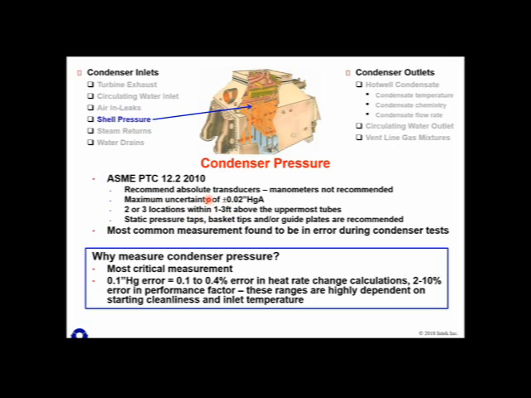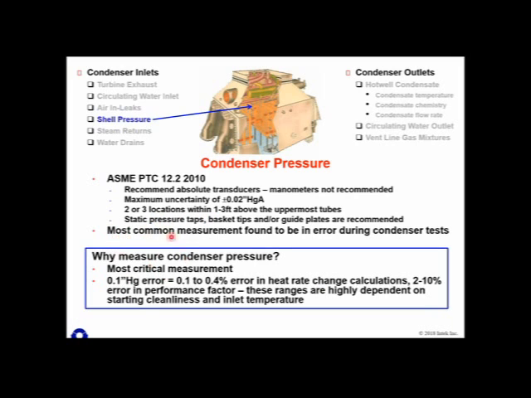Anyway, the requirements are that you should have absolute transducers, not differential, not manometers. You want an uncertainty of the instrument of less than plus or minus 0.02 inches. You want it located 2 or 3 feet above the uppermost tube. You want static pressure taps baskets. This is kind of less of an issue, and I'll talk about why.